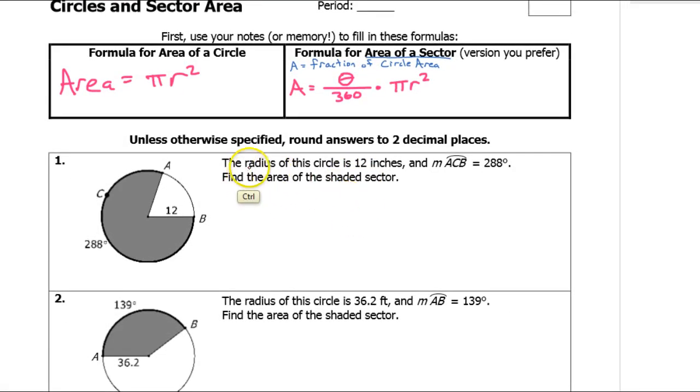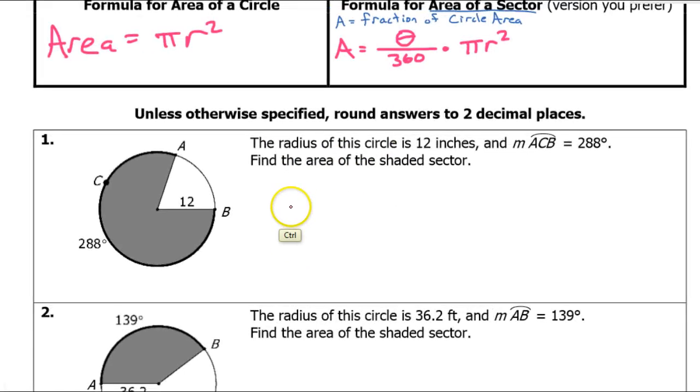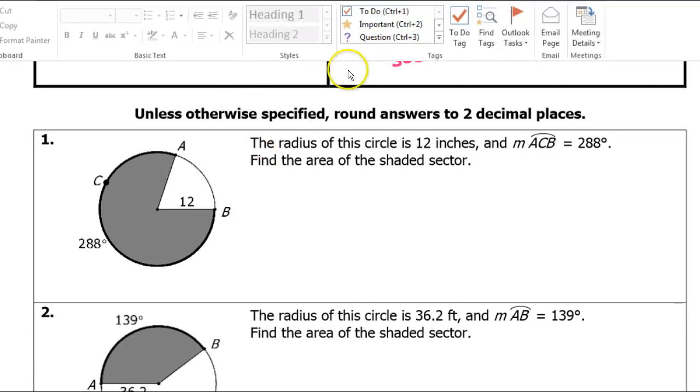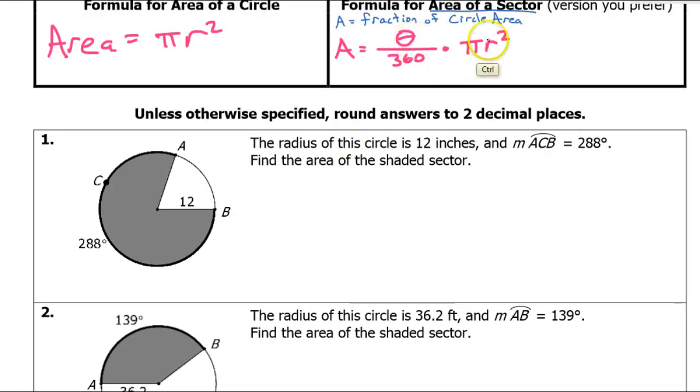So we're given the radius, which is 12 inches, and we're given the central angle, which is the same as the arc measure. We're given theta, which is 288 degrees. And we're supposed to find the area of the shaded sector. So let's start by writing down the formula. Well, I guess I won't write it down because it's right here.